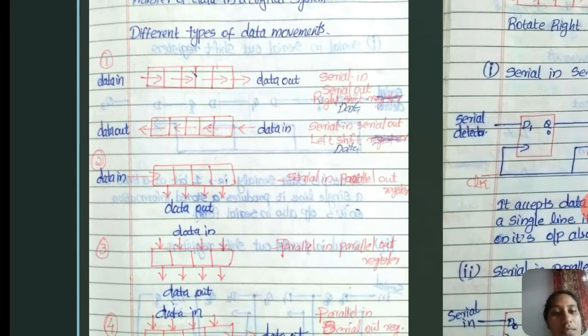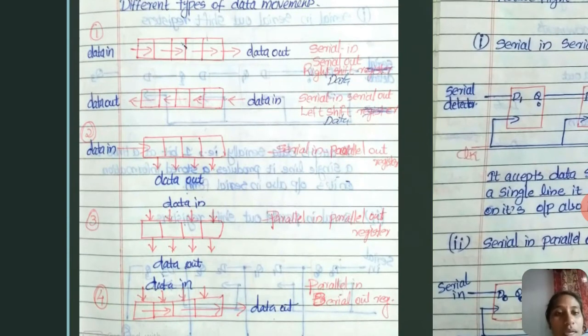Then the third one: data is input in parallel and the result is also taken in parallel. So this is parallel in and parallel out data movement. Then the fourth one is data input in parallel and the data is shifted out serially. This is what happens in the fourth condition.